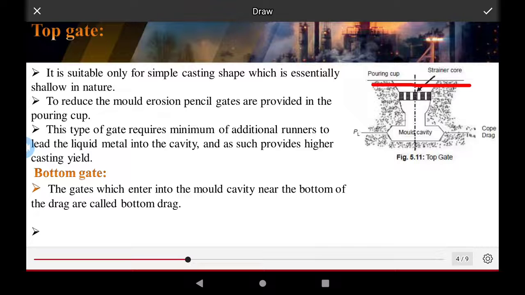This is the pouring cup and sprue, this is the sprue core, this is the strainer attached to the in-gate, and this is the mold cavity in the molding sand, made for the cope and drag. This is the cope and drag. We have the top gate.